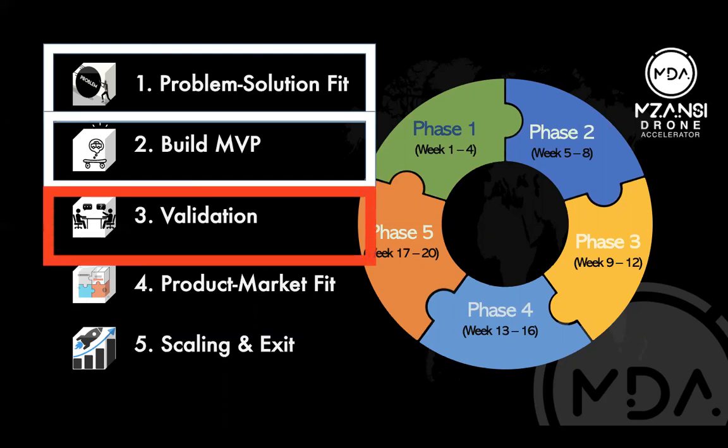But this phase, this is where we are now on validation. This is a tough one, and it's going to take us about 8 weeks. And we trust that by the end of this 8-week period, we're going to be knowing where we are.